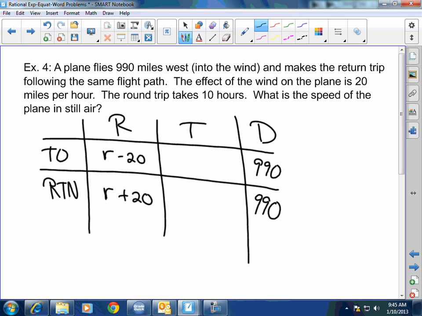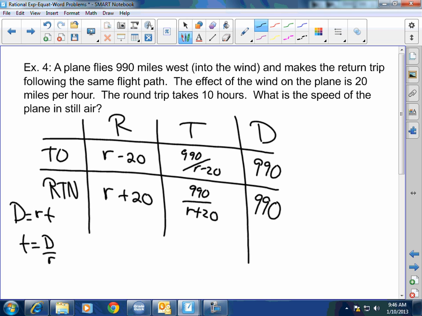Okay? The time that it takes, distance equals rate times time. So time equals distance divided by rate. So the time going to this place is distance divided by rate. The time going back, returning, is distance divided by rate.